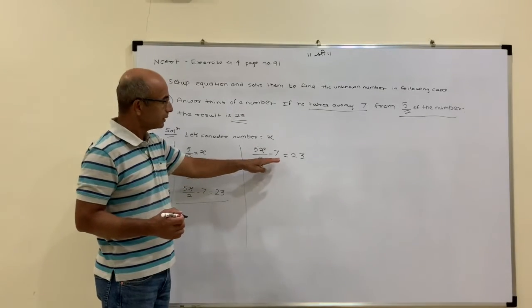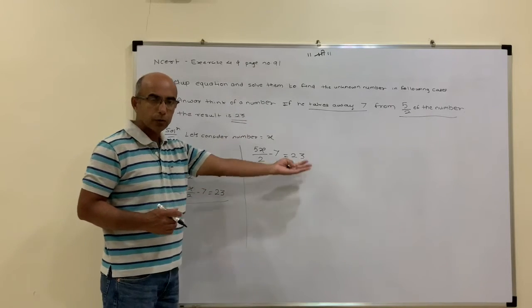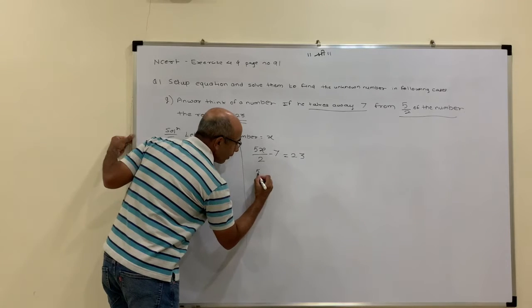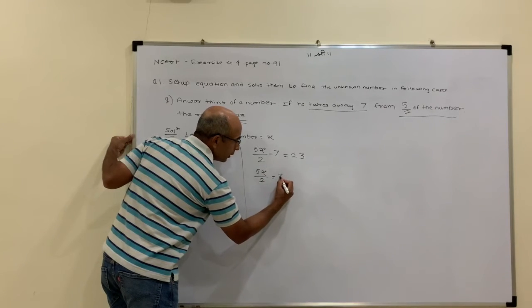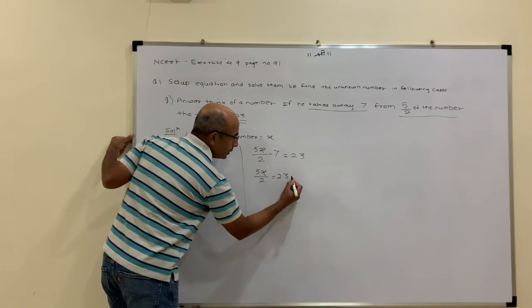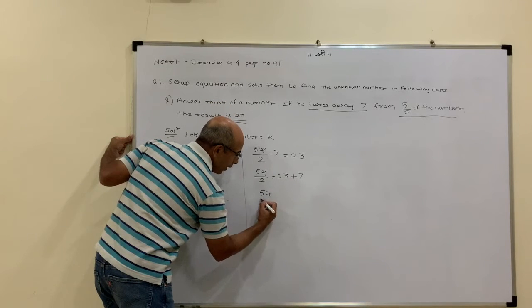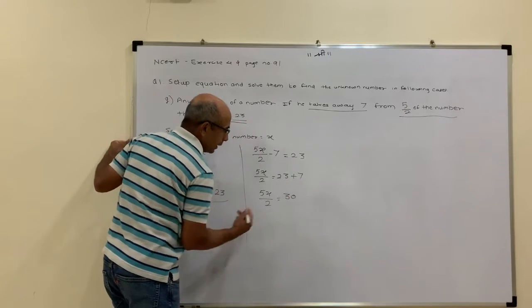The 7 is subtracted on the left hand side, so we will transfer it to the right hand side, where it will be added. So the next step will be 5x divided by 2 equals 23 plus 7. So 5x divided by 2, 23 plus 7 equals 30.